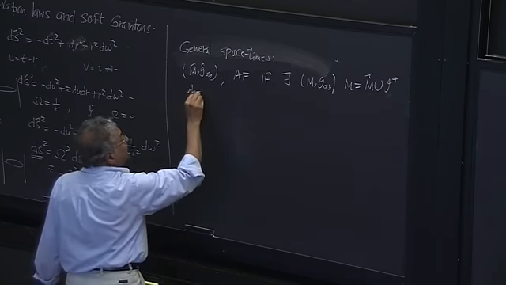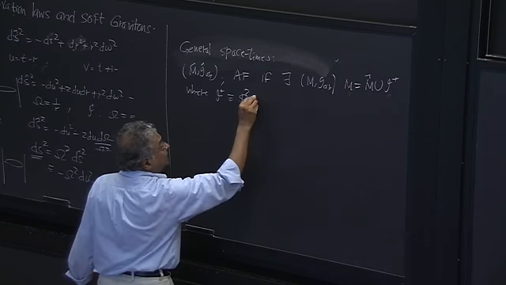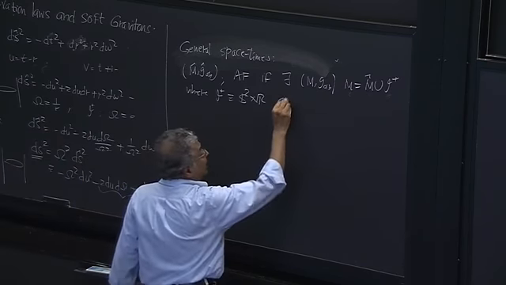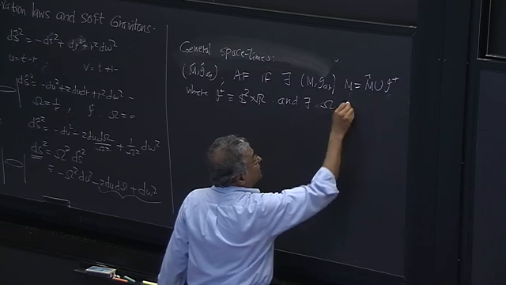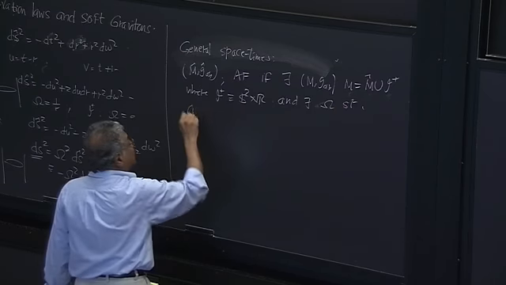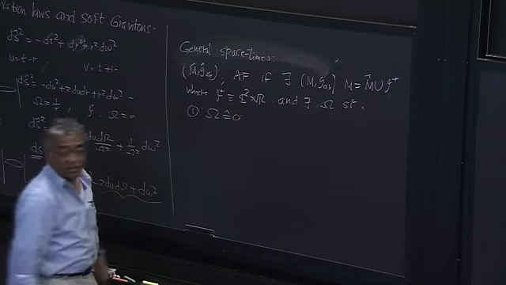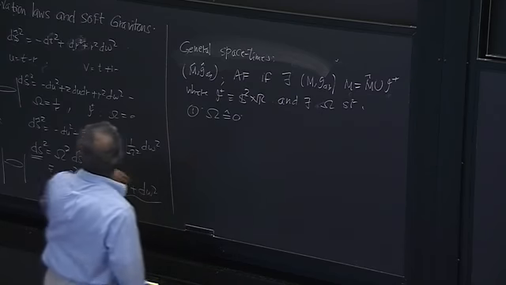where the boundary has topology S2 cross R, just like in Minkowski space, and there exists a conformal factor such that the first thing is that this conformal factor is equal to 0 on the boundary. So from now onwards, when the hat is there, that just means it is restricted to the boundary.